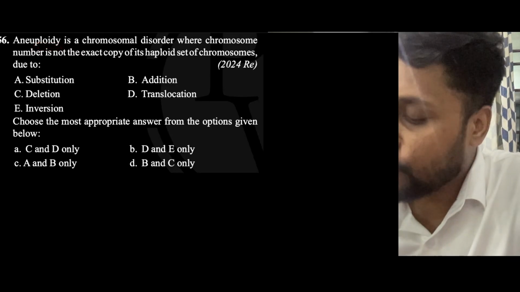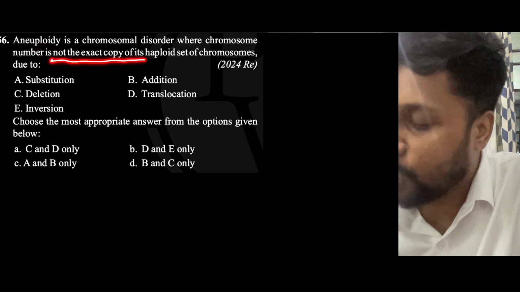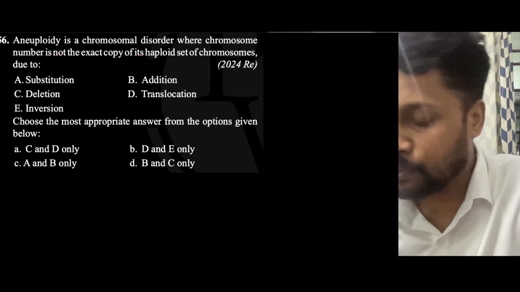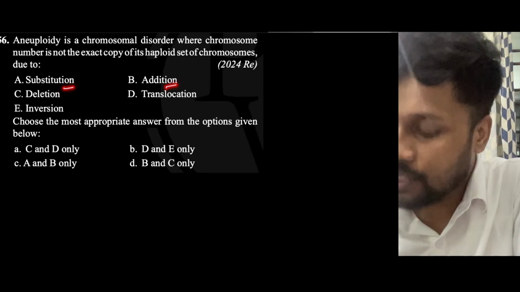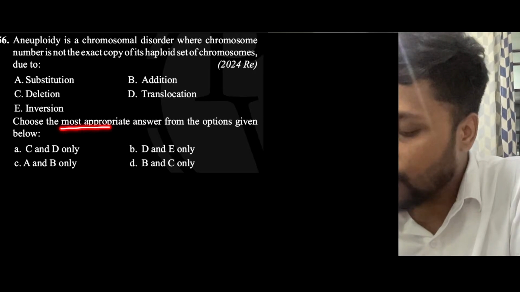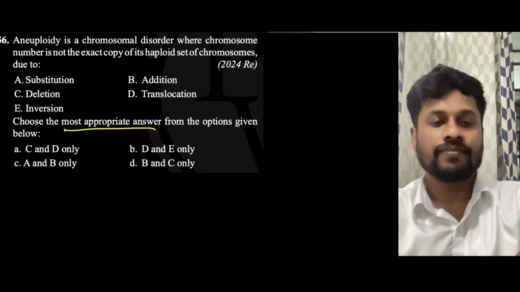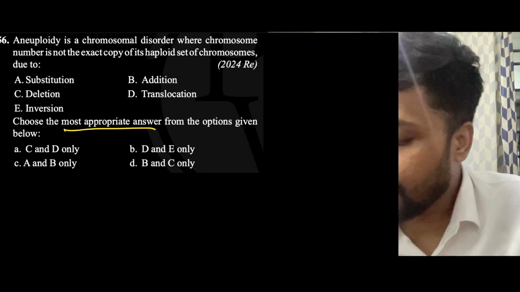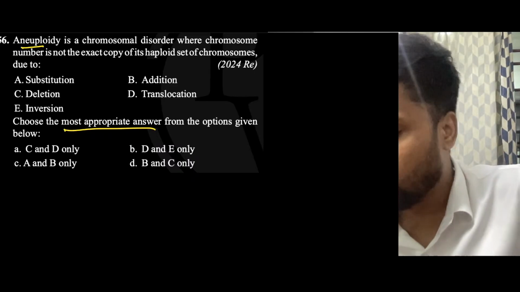Aneuploidy is a chromosomal disorder where chromosome number is not an exact copy of its haploid set of chromosomes due to substitution, addition, deletion, translocation, inversion. Choose the most appropriate answer. Guys, what will be the answer here? Here they are saying aneuploidy is due to change in chromosome number.